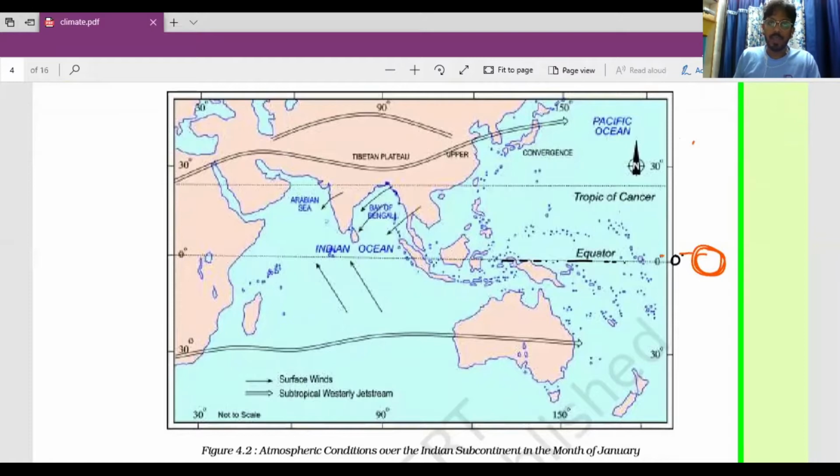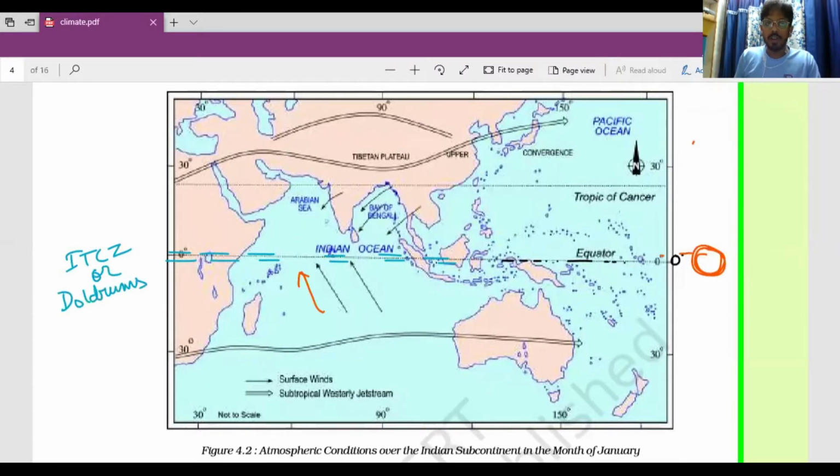So what happens? These are winds which are crossing the equator, and over the equator we do have what? A narrow belt. That belt name is ITCZ, Intertropical Convergence Zone, or doldrums.